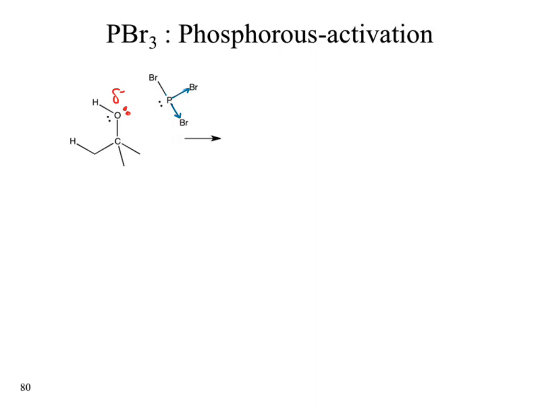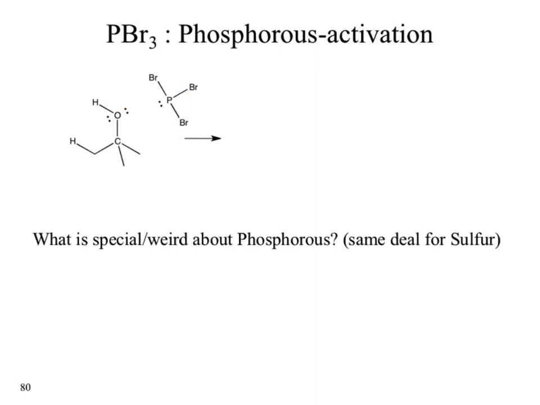The phosphorus does act as a partial positive. The electrons come out, attack. I probably shouldn't have it attacking the electrons. Let's at least make it look like it's attacking the phosphorus, kicking out our leaving group of a bromide. Okay. We had this same issue with sulfur. Okay. After that, what can happen?